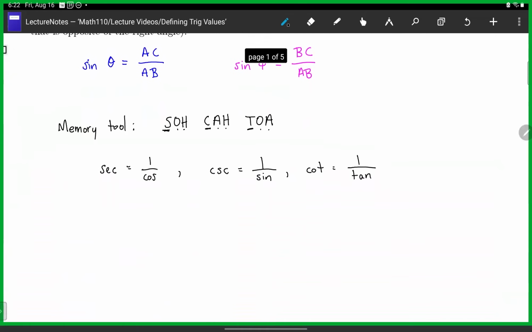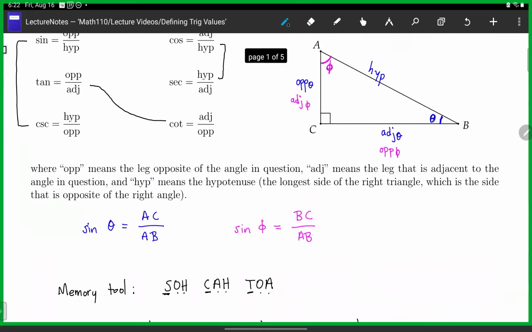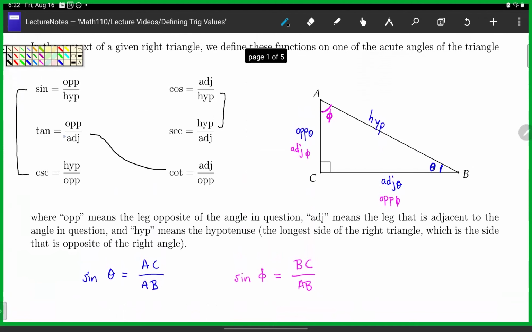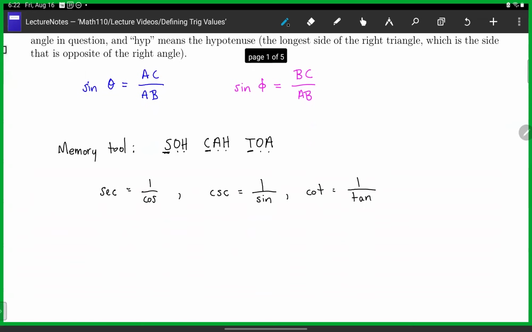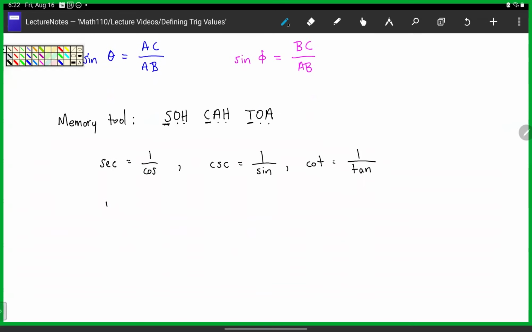And also, we can write the tangent is sine divided by cosine. So opposite divided by adjacent. If I divide sine divided by cosine, those hypotenuses actually cancel out. So we also have tangent is sine divided by cosine.